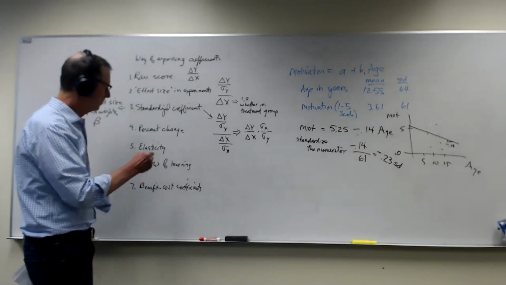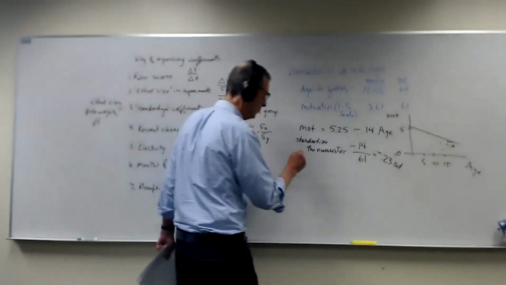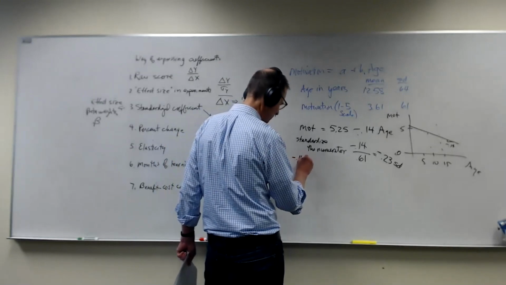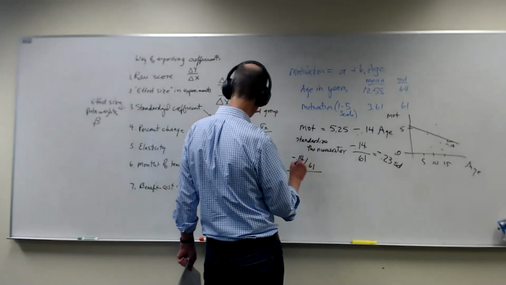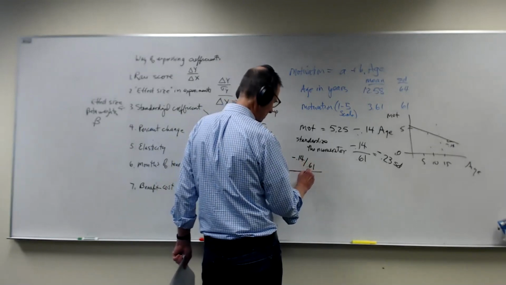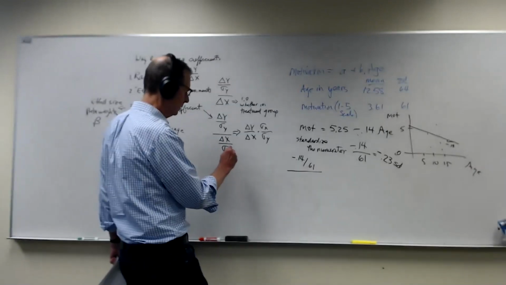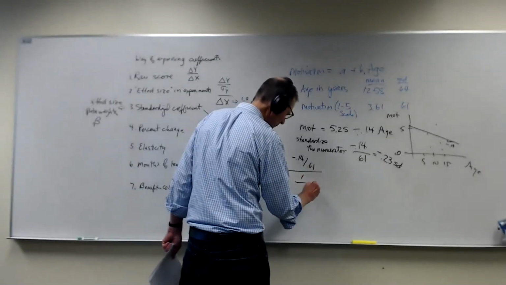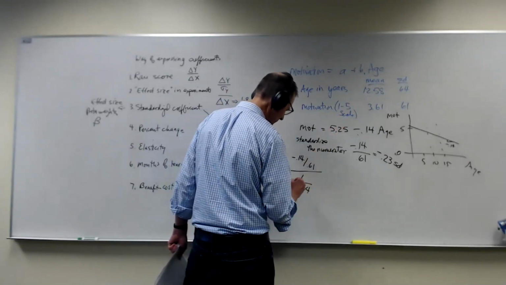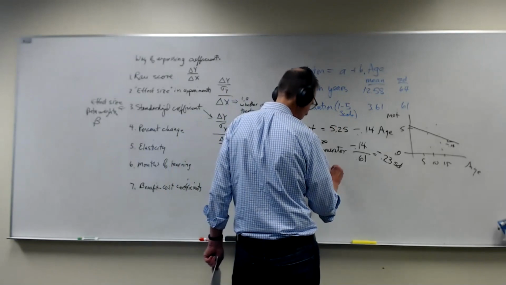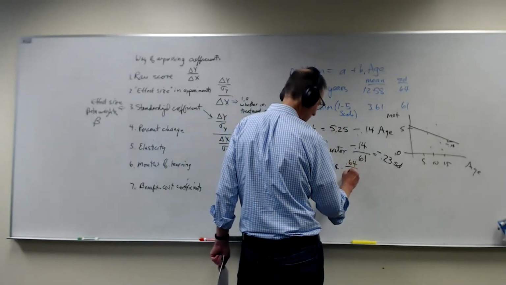If you wanted to do a standardized coefficient, you'd have to take the minus 0.14 divided by 0.61 over the change in x, which is 1 divided by the standard deviation of age, which is 0.64, right? Or minus 0.14 times 0.64 over 0.61.